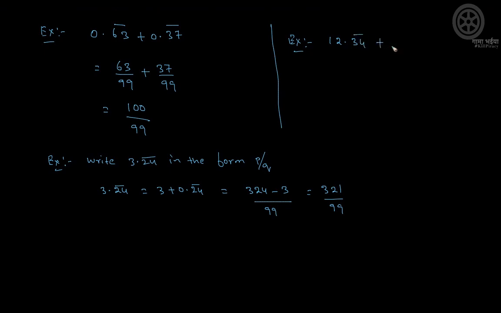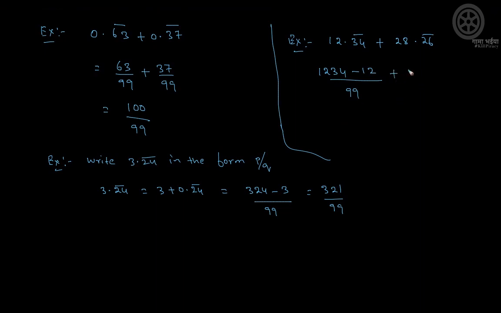12.34 bar plus 28.26 bar, right? Now, what can I write here? 1234 minus 12 by 99, right?